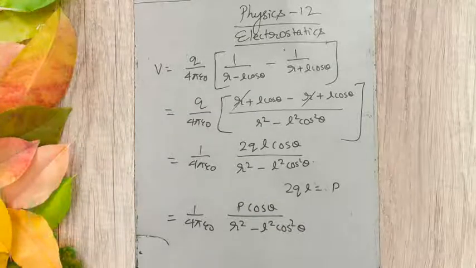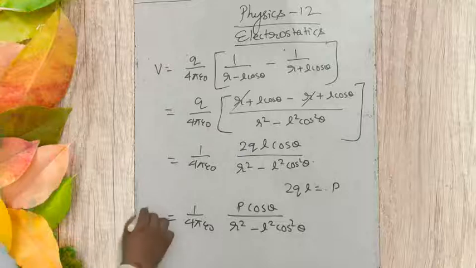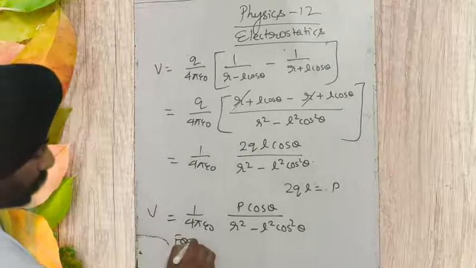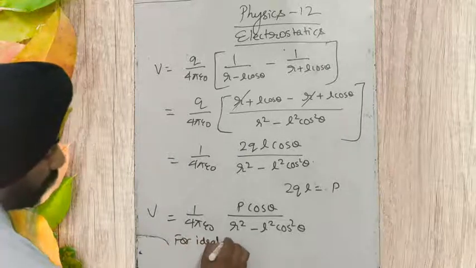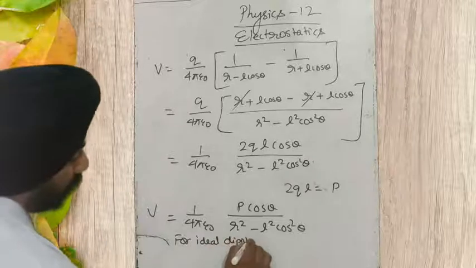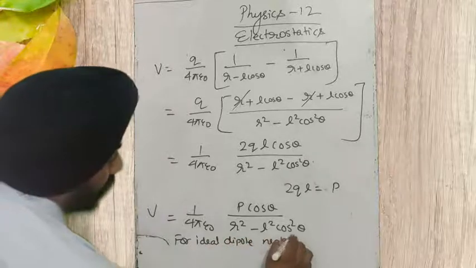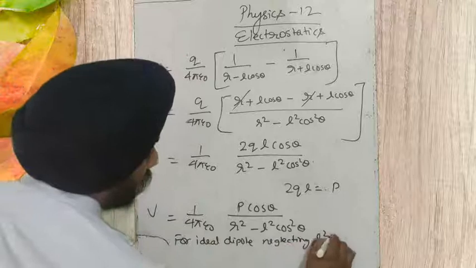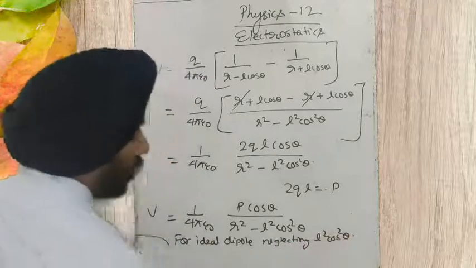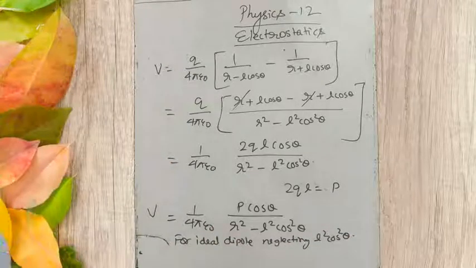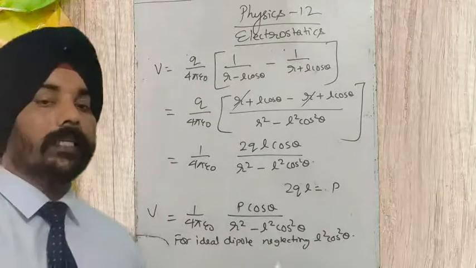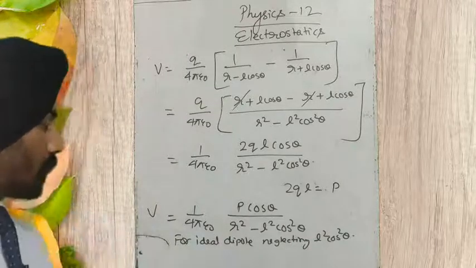So for the ideal dipole, what will be the equation for electric potential? For an ideal dipole, we neglect L square cos square theta in comparison to R square, because the distance of the point will be large and the distance between the two charges will be very small.